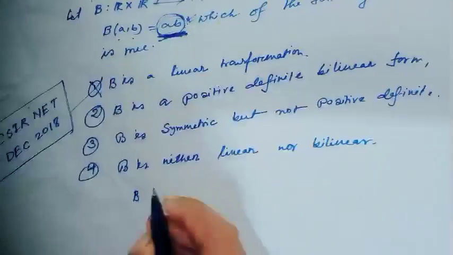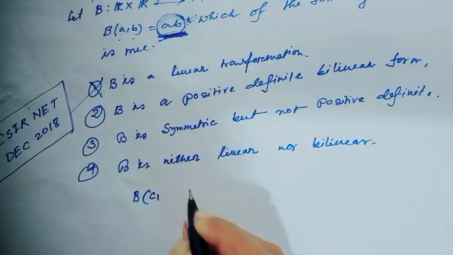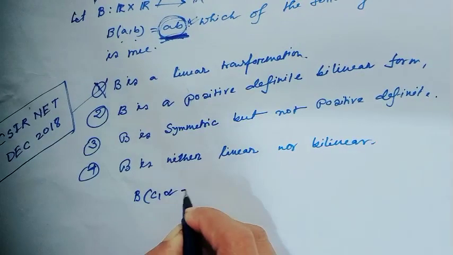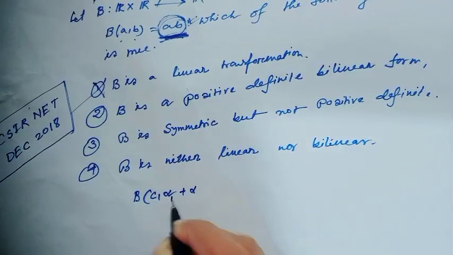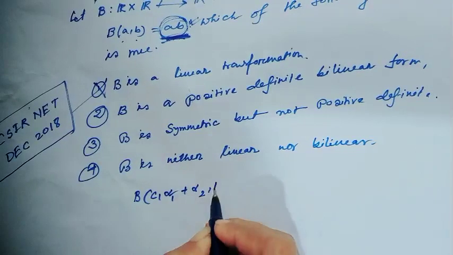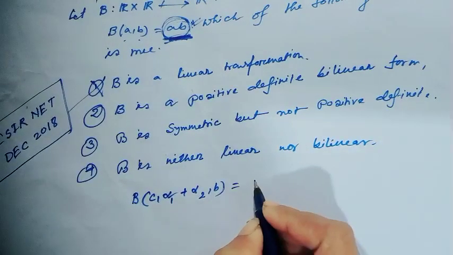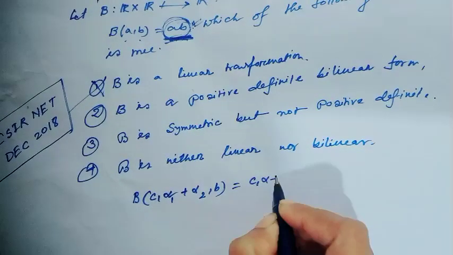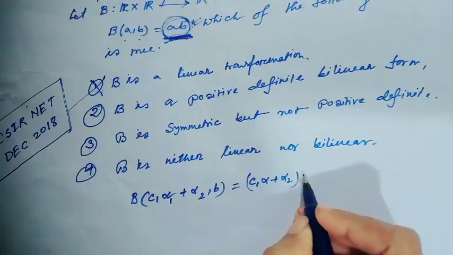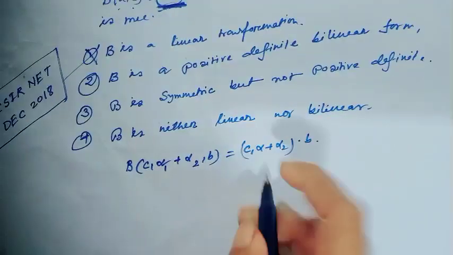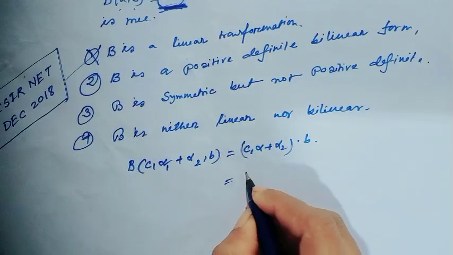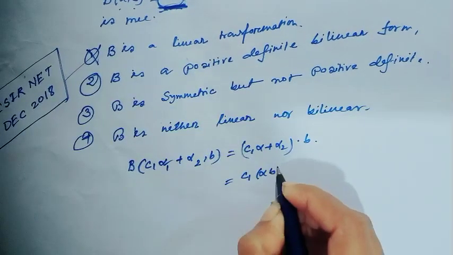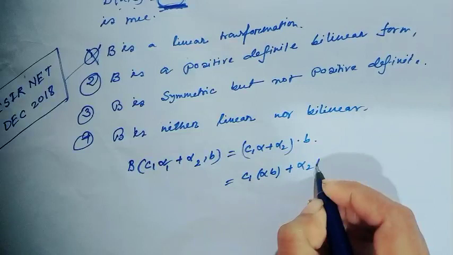This is true, because B of (c1 alpha1 plus alpha2, b), by definition, is (c1 alpha1 plus alpha2) times b, which is equal to c1 alpha1 b plus alpha2 b.